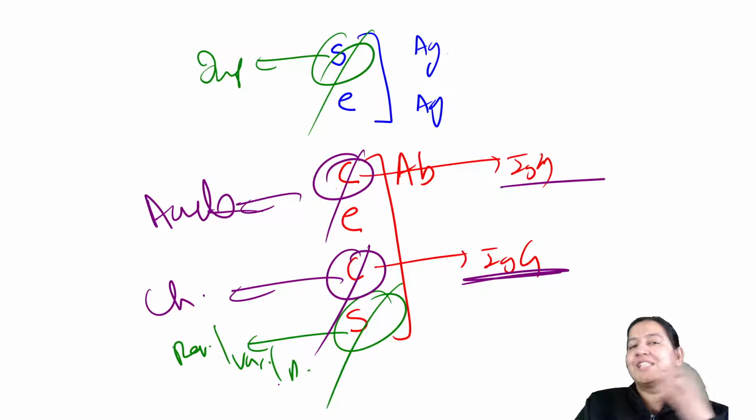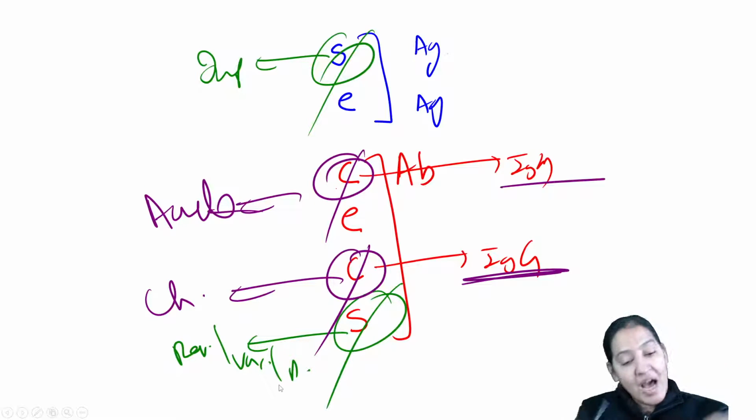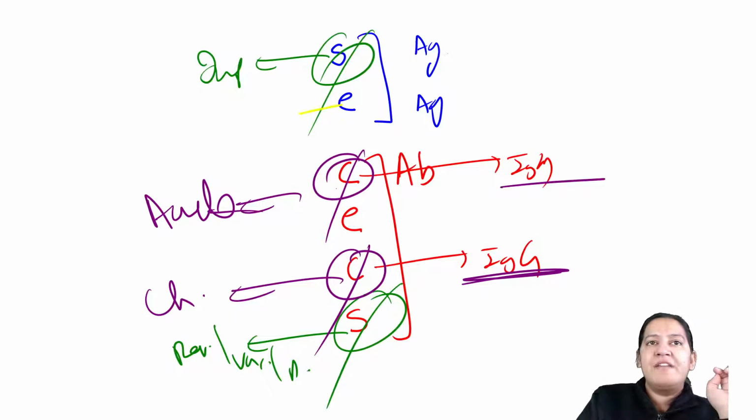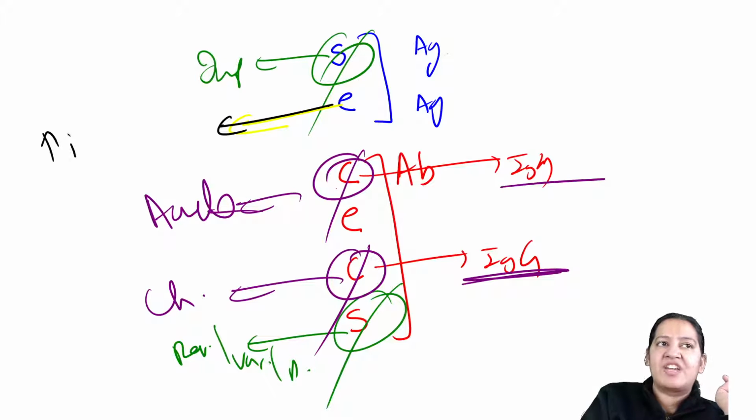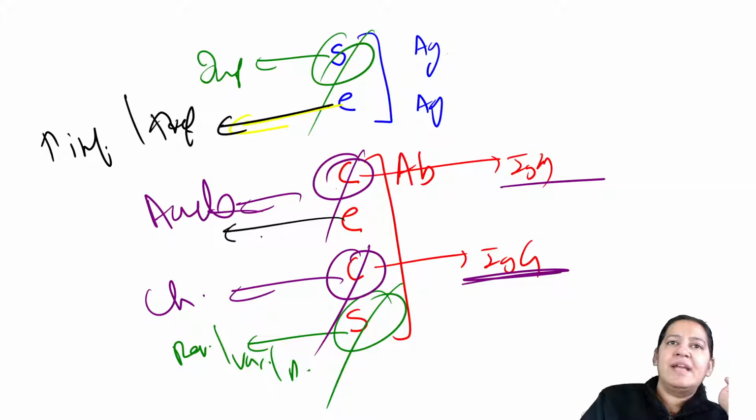Cross this pair. Last is E. E indicates infectivity or replication. E antigen indicates high infectivity or high replication, and antibody indicates low infectivity.